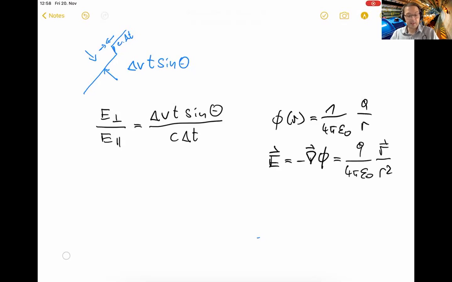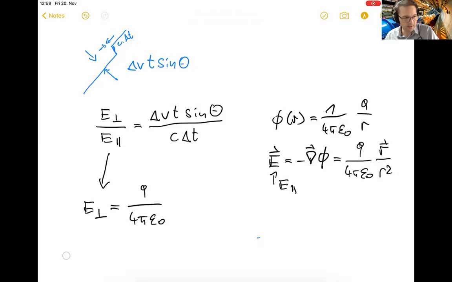Okay, as promised, the rest is straightforward because we can now compute, we can take E parallel from here, and we can compute from this equation the perpendicular component, and it is only q over 4 pi epsilon 0 divided by r squared.